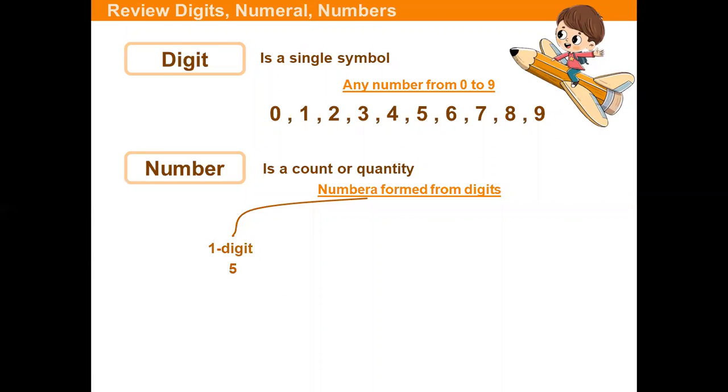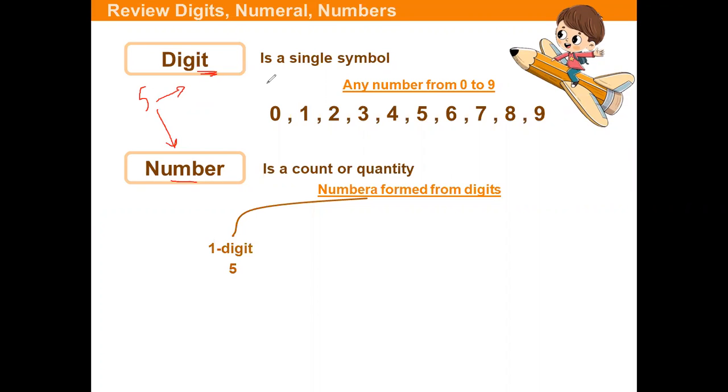So now we get the information that 5 is a digit and 5 is a number.